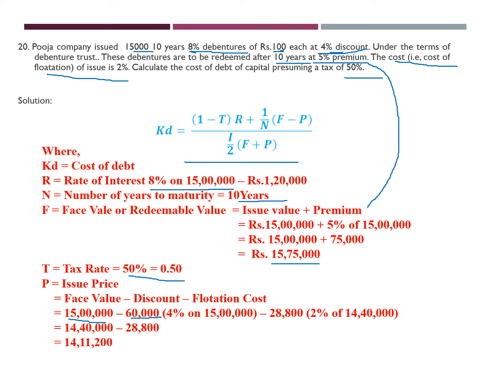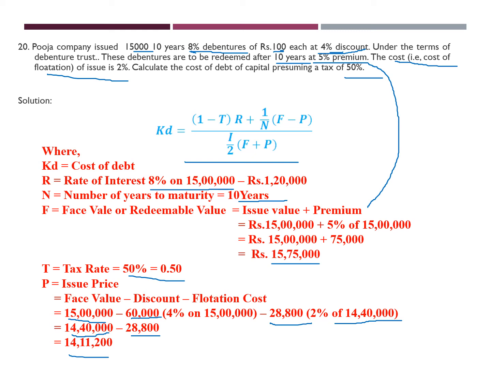Now deduct these two first. You will get 14 lakhs 40,000. You already know that flotation cost is calculated on the face value minus discount amount. So this will be 2% of 14 lakhs 40,000, that is 28,800 that I have taken over here. Now, if you deduct 14 lakhs 40,000 minus 28,800, you will get this value. This is the P. Clear?